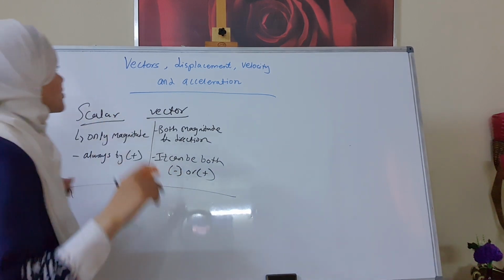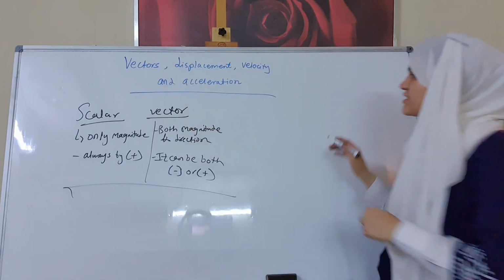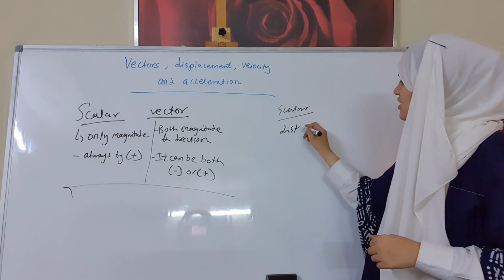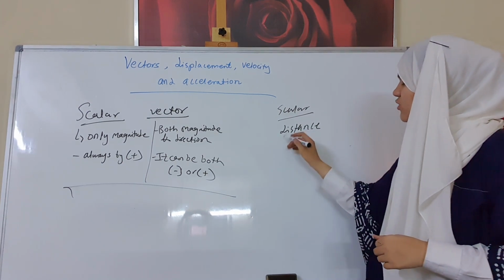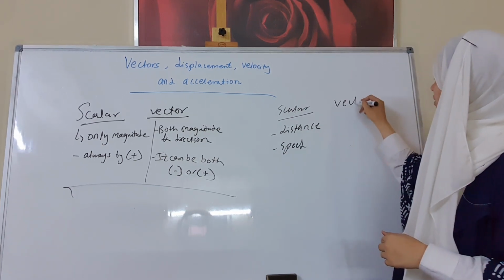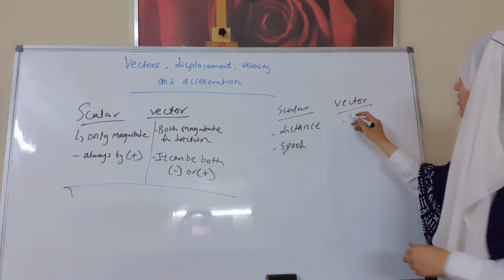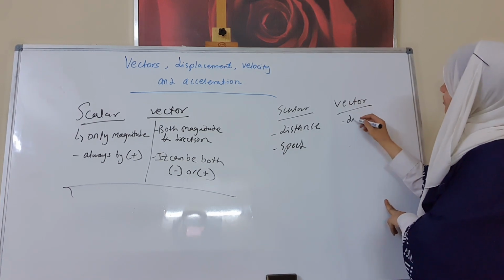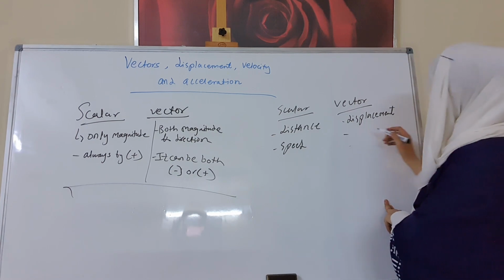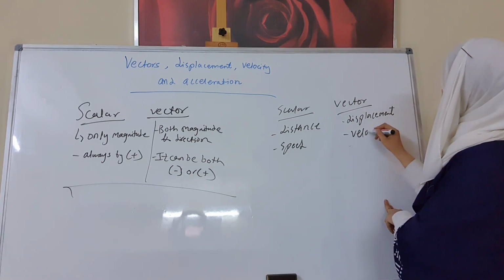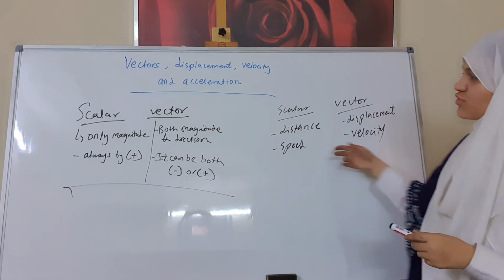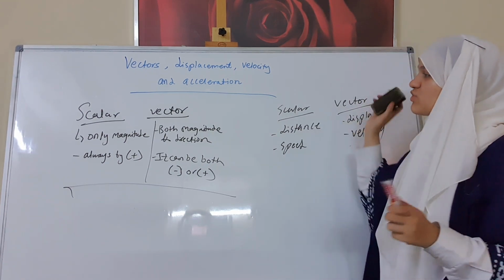All right, so that means under scalar we have distance, and we also have speed. But under vector we have displacement and velocity, with also acceleration. But right now we're just doing two versus two. Okay, so that was about scalar and vector.